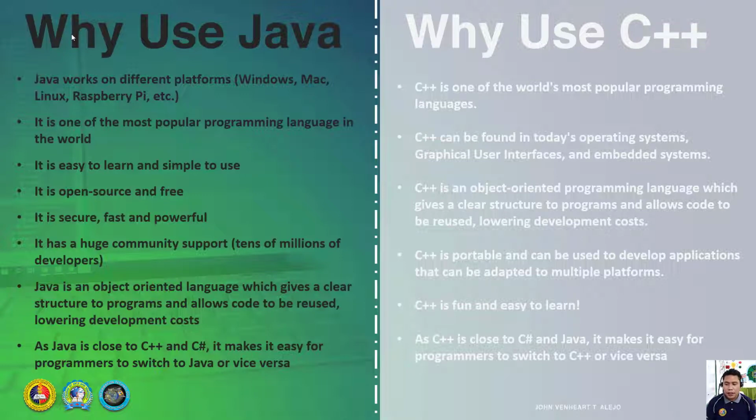It has huge community support. We have 10 million developers. That is why I also love Java, because when you have a problem writing code, there are many developers to go to. You go to Stack Overflow, where there are many problems to see. Imagine, you are not the first programmer in this world to encounter that problem.